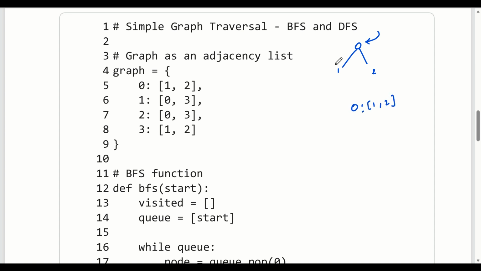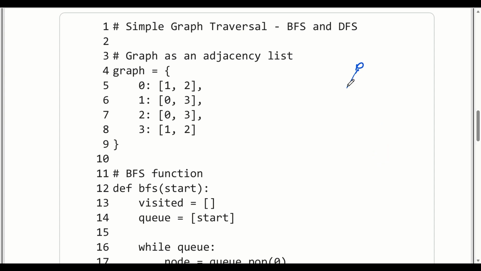What about 1? Since this is an undirected graph, we can also say 1 is connected to 0. What about 2? 2 is connected to 0, 1, and 3 here. We have 4, and 4 is also connected to 3.